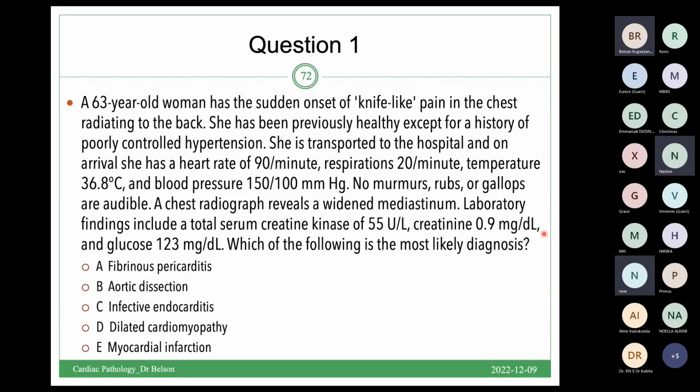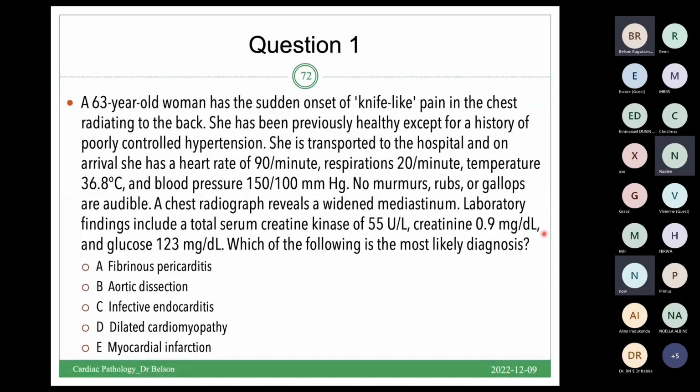You remember I talked about the qualities of pain: is it constrictive, is it like a knife, and so on. And it was radiating to the back. She has been previously healthy, except for a history of poorly controlled hypertension. Now, these are risk factors of something.